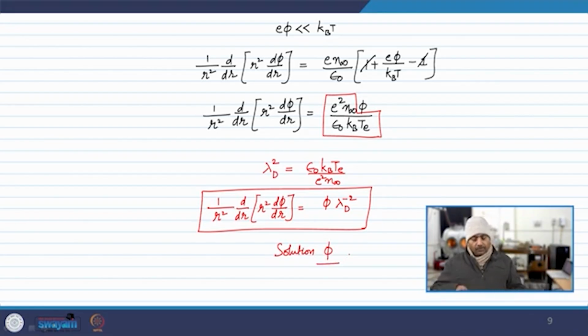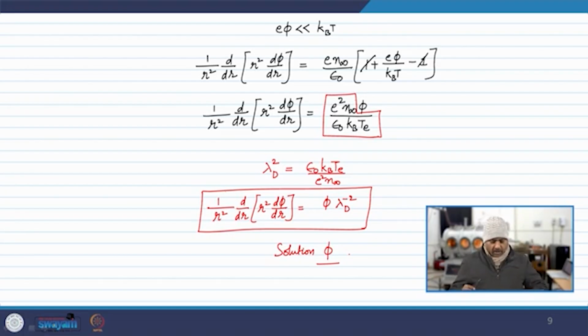We only know that if there is a radial variation in the Debye potential, this is what it represents, nothing more. We still have not derived the form for φ, or how this potential has originated. This potential has originated by the introduction of a positive test charge into the plasma.